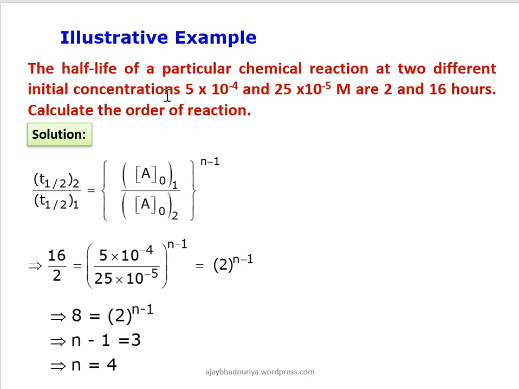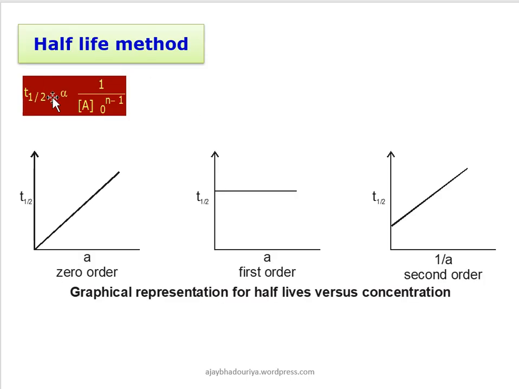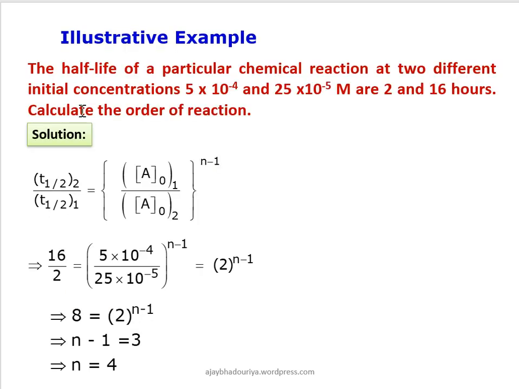As per the formula for the half-life period, T half is directly proportional to 1 upon a^(n-1). It means if you take 2, then it is 1, and if you take 1, then it is 2, because it is inversely proportional.